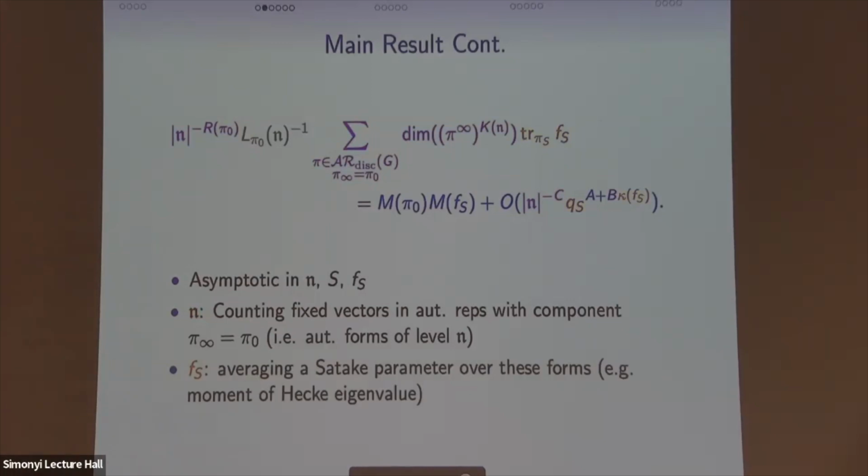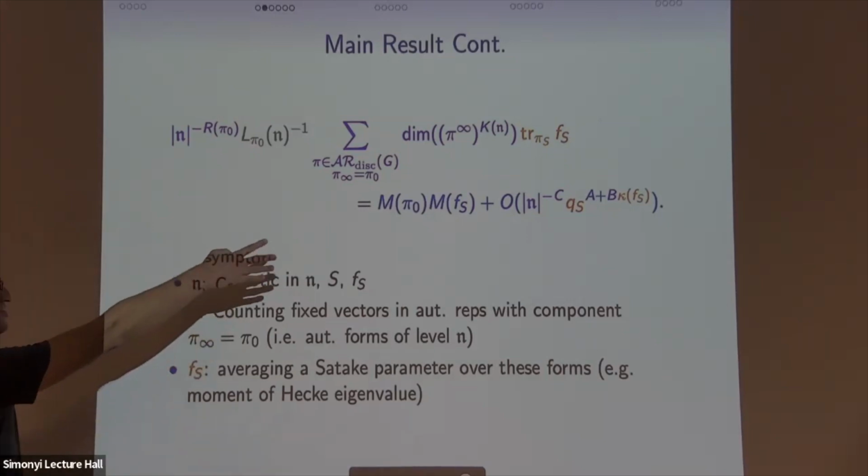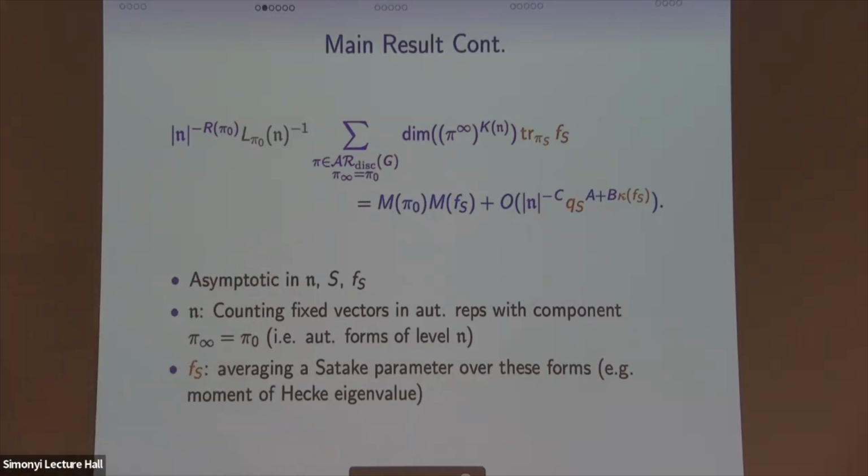Yeah, so Fs is telling us the parameter that we're averaging over these automorphic forms. So we're weighting by this trace of pi s of Fs. And Fs is an unramified function, so it's basically telling you some kind of polynomial in the Satake parameters of the S components. If you don't know what those are, you can think of it like this: if you look at modular forms, you have the Hecke eigenvalues, and this is some sum of powers of the Hecke eigenvalues.